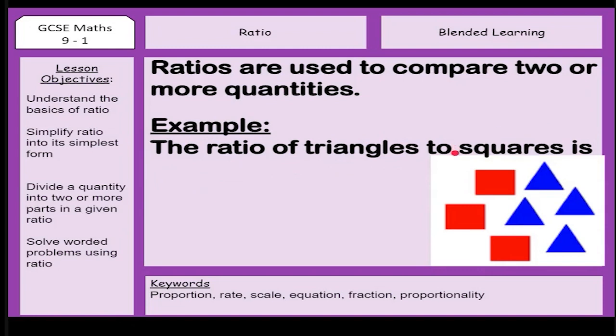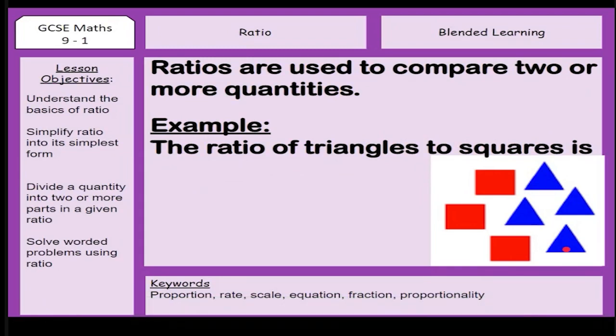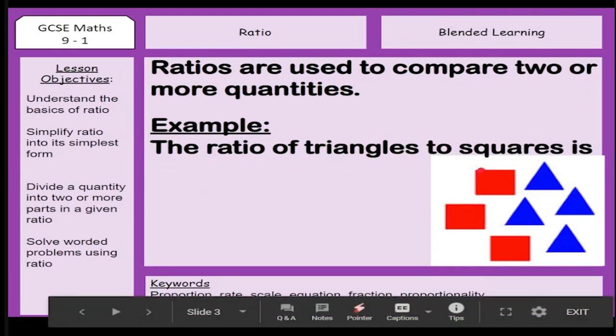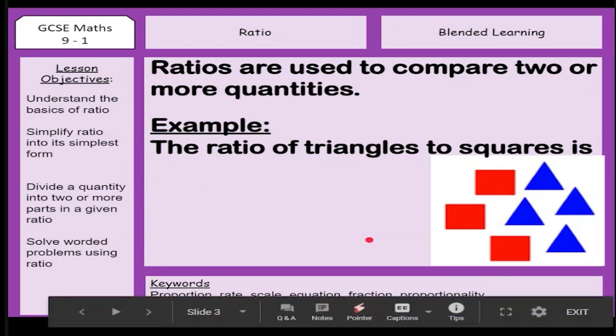So let's count. How many triangles do we have? We have 1, 2, 3, 4 triangles. How many squares do we have? 1, 2, 3 squares. So our ratio would be 4 to 3. This is how we write a ratio.